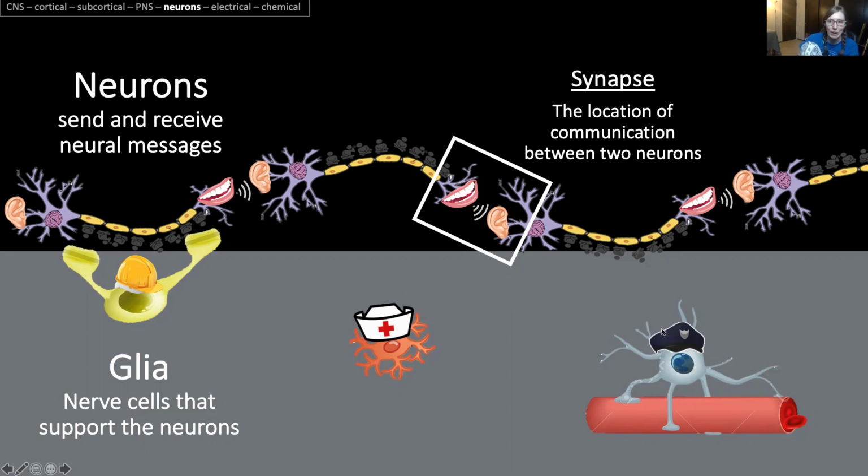It's kind of like your security guard in your brain. It's going to form that blood-brain barrier, so it's going to filter substances from your blood vessels so they don't get into your brain, and it's going to regulate the blood flow to the brain. So it's like your security guard. So these are three different types of glial cells. Just know that in general, they perform a bunch of secondary functions to keep your neurons up and running okay.